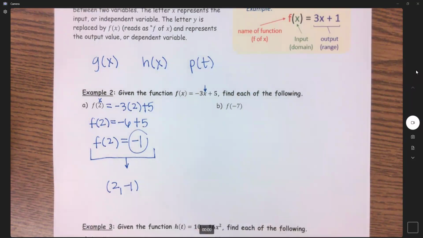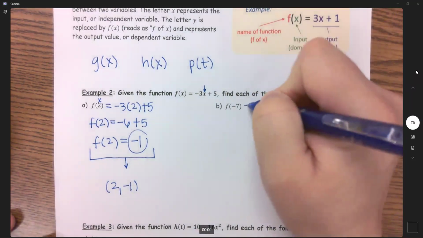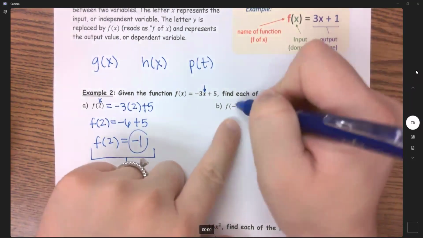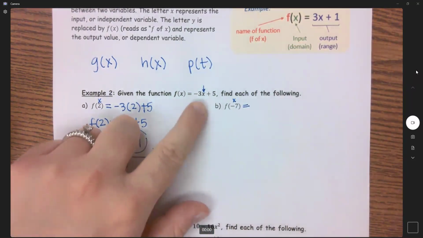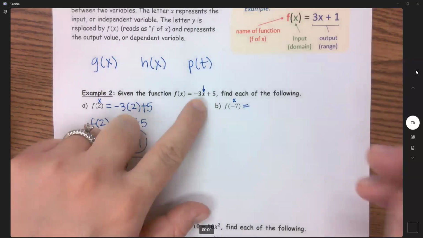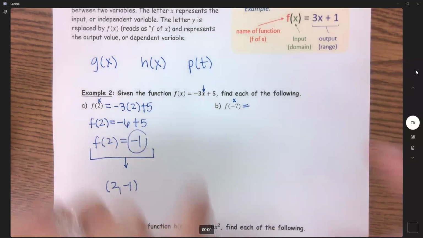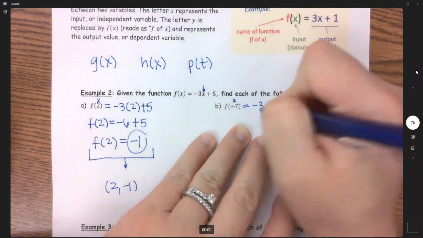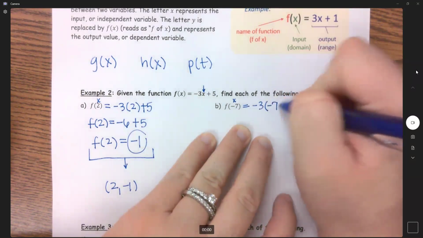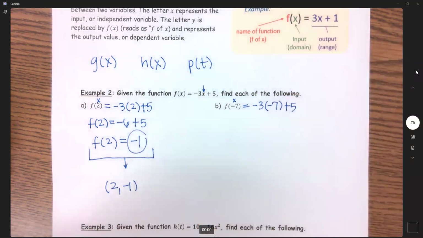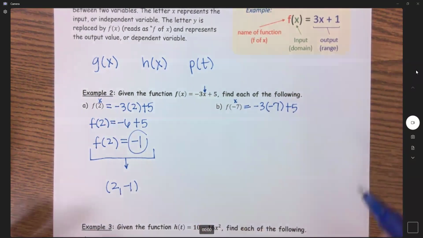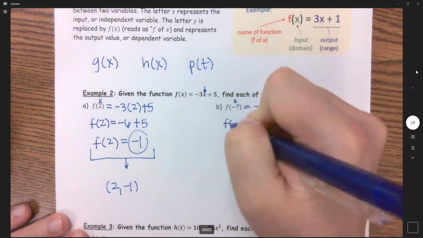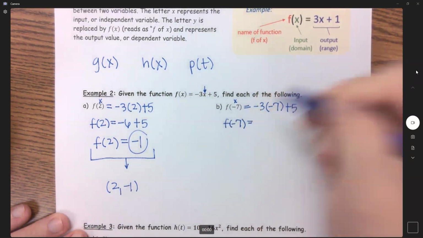Okay, let's do it again with this one here. Now they're telling me my x equals negative 7. I'm still using the same function, and now I'm replacing that x with negative 7. So we've got negative 3 times negative 7 plus 5. Again, you can put that in your calculator, but this one's not too bad to do by hand.